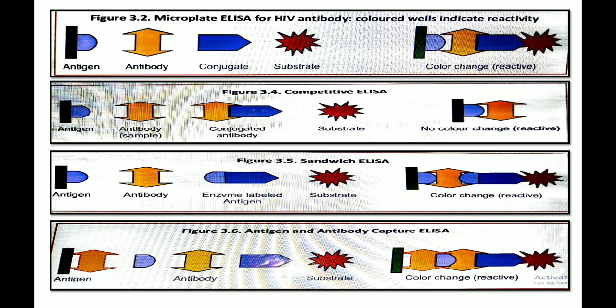This reagent will be captured by the monoclonal antibody. Now the test specimen, which has been diluted, is added next. If the patient's serum contains HIV antibodies, these will bind to the HIV antigen. The remaining steps are similar to those of the indirect ELISA.